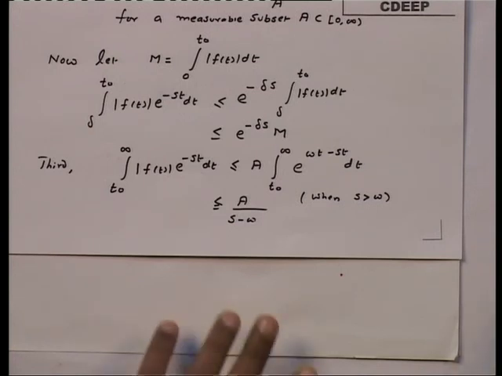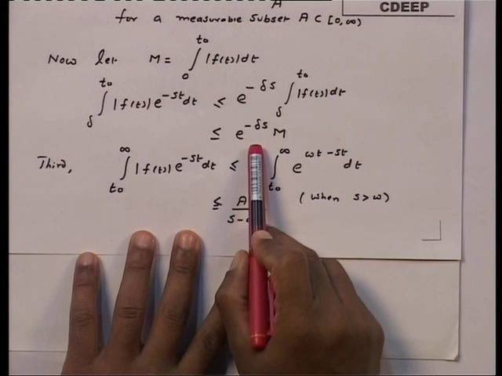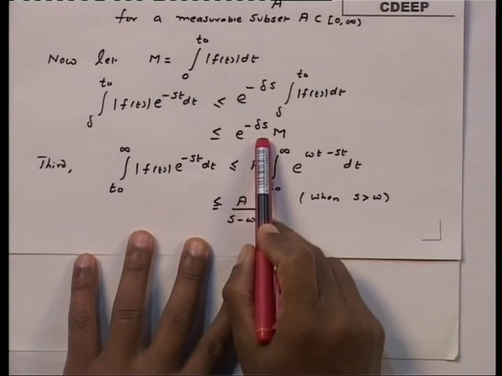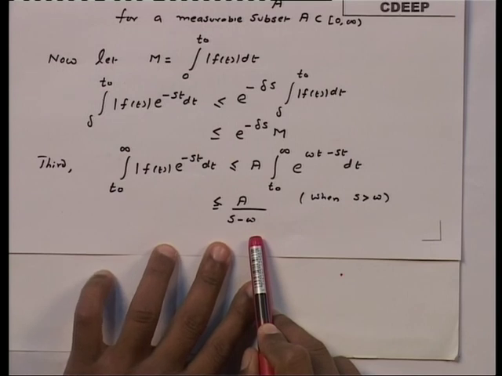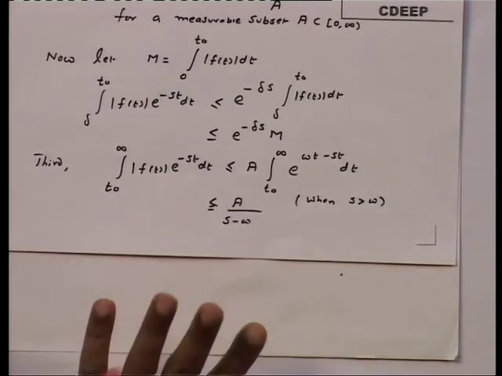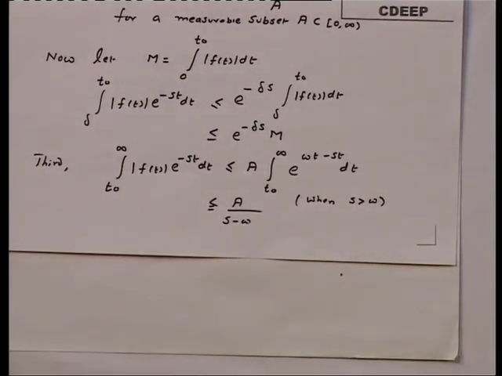The second piece gives me this, which will be less than epsilon by 3 for all s large enough, and the third piece gave me this, which will be less than epsilon by 3 for all s large enough. So the 3 epsilon by 3's will add up to give me an epsilon. That's it. So the Laplace transform goes to 0 as s goes to infinity.